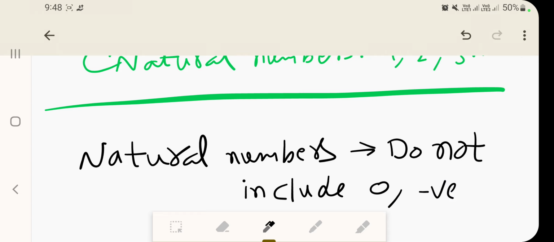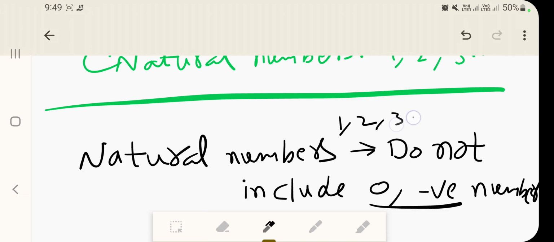If they are there, then those numbers are not called natural numbers. 0 and negative numbers should not be present for the numbers to be called natural numbers. It can be 1, 2, 3 and so on. That is natural numbers, denoted by capital N.